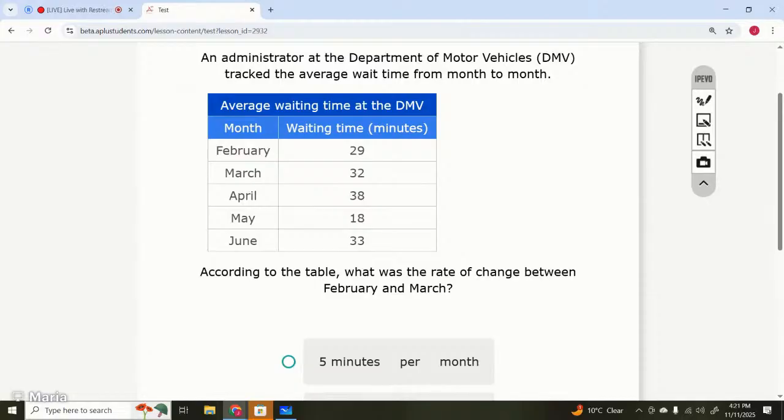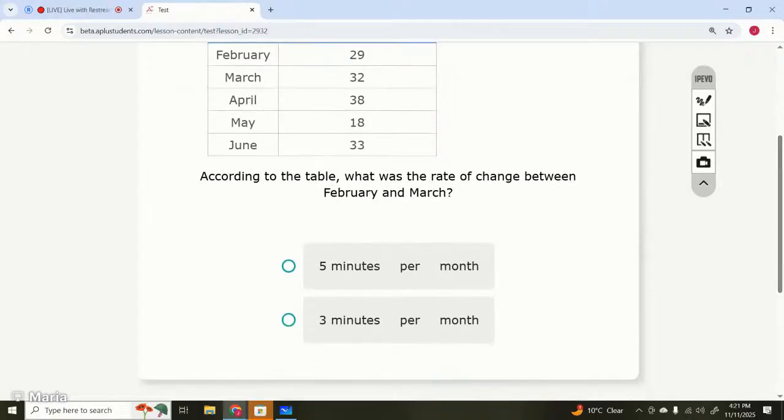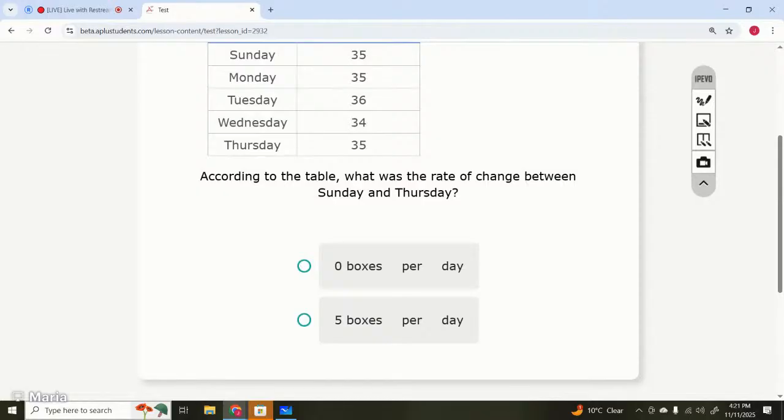According to the table, what was the rate of change between February and March? 32 minus 29 is 3. That would be 3 minutes per month. Option number 2 is the correct option.